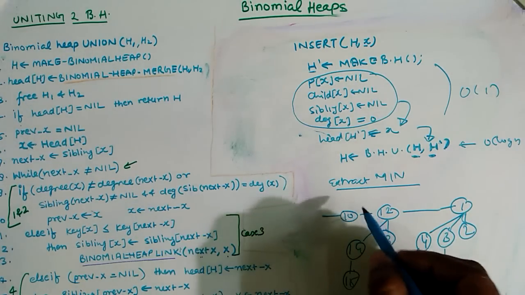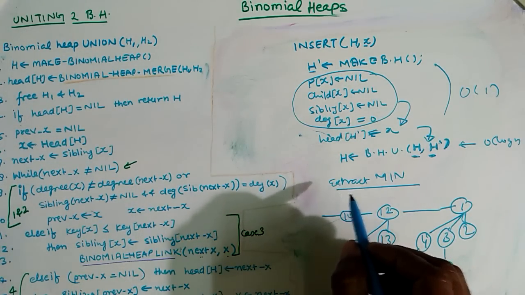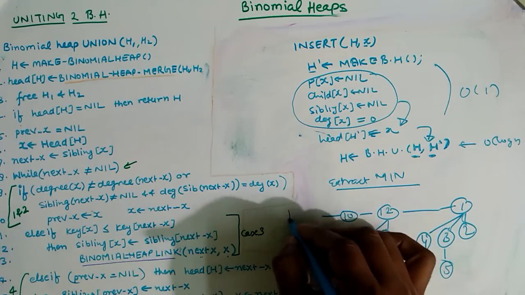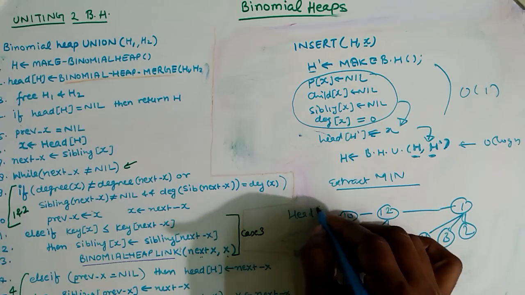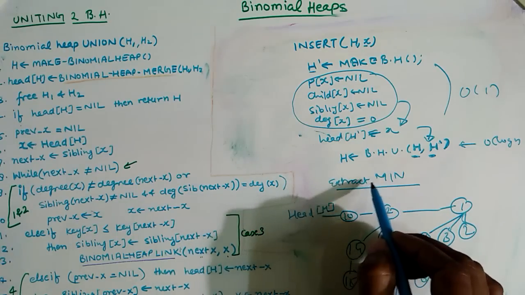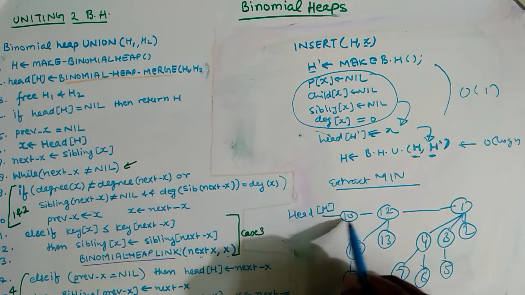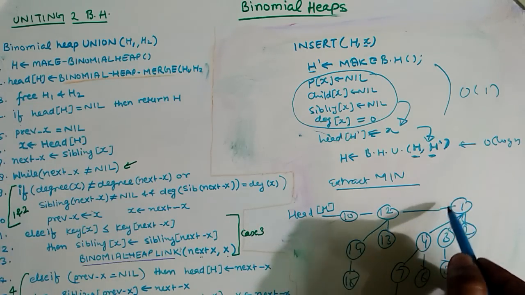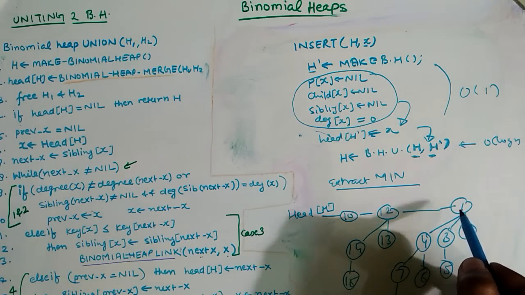To perform the extract min, we have to find the x with the minimum key in the root list first. We have a head pointer here. So in order to perform the extract min, we need to scan the root list and find the minimum key in it.